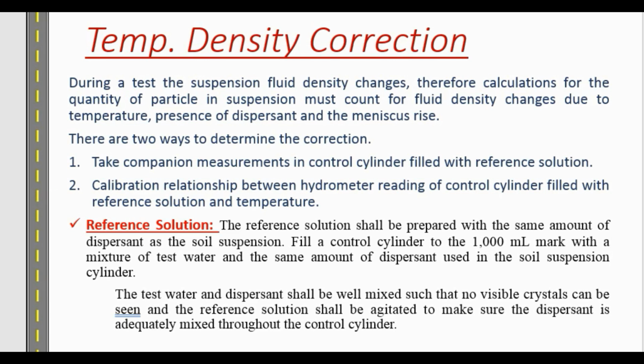Fill the control cylinder up to the 1000 ml mark with the mixture of the test water and the same amount of dispersant used in the soil suspension. The test water or dispersion shall be mixed thoroughly and used for our temperature density correction as per companion measurements or calibration relationship.